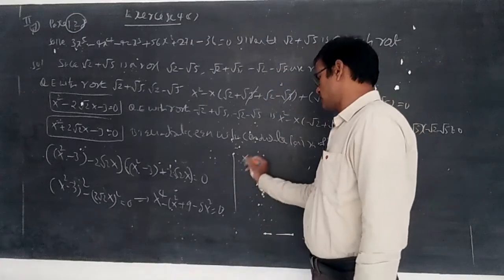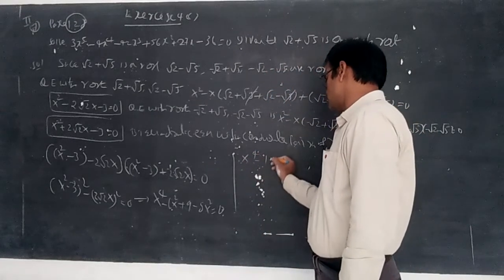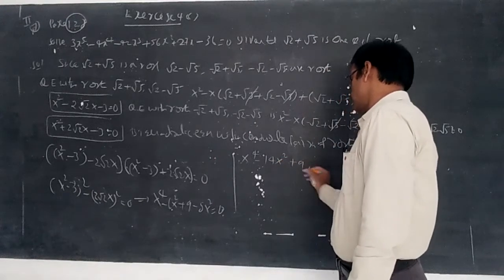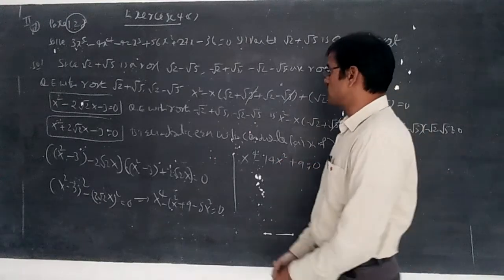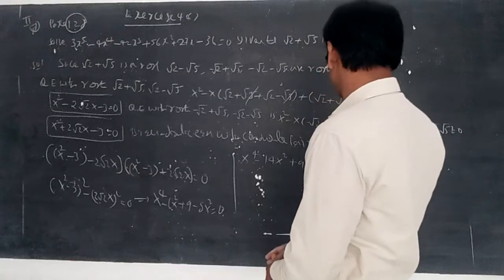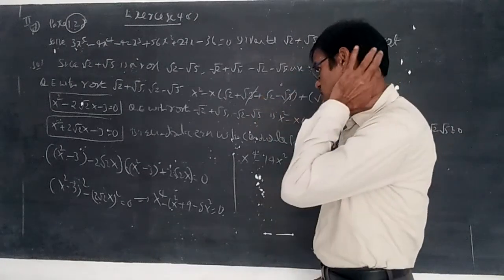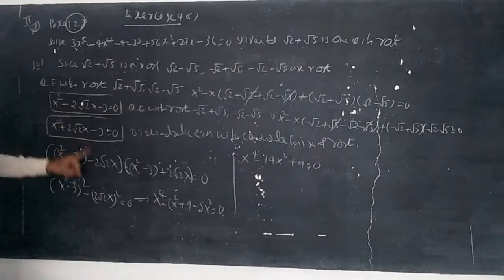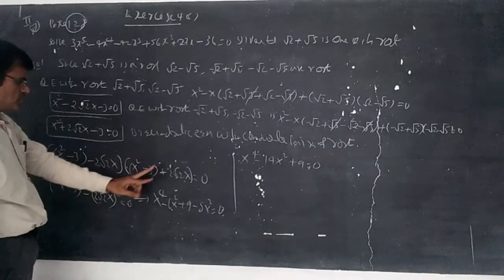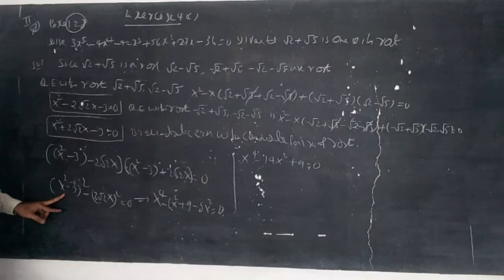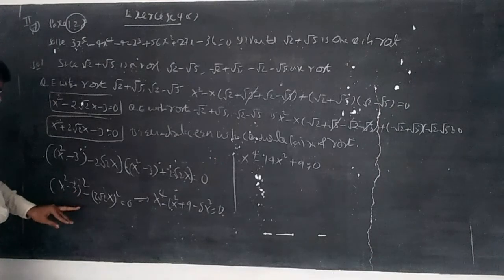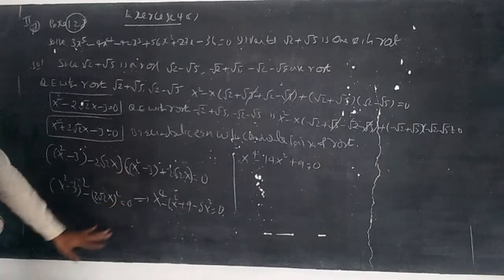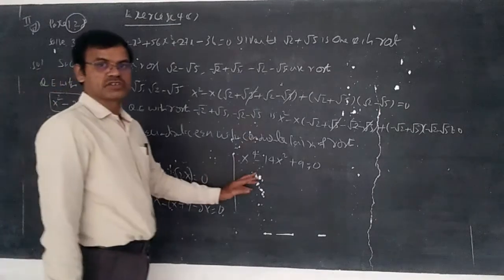Now x power 4 minus 14x square plus 9 equal to 0. Here x square minus 3, okay, minus 2 root 2x whole square means 8x square. So this is the biquadratic equation we got.